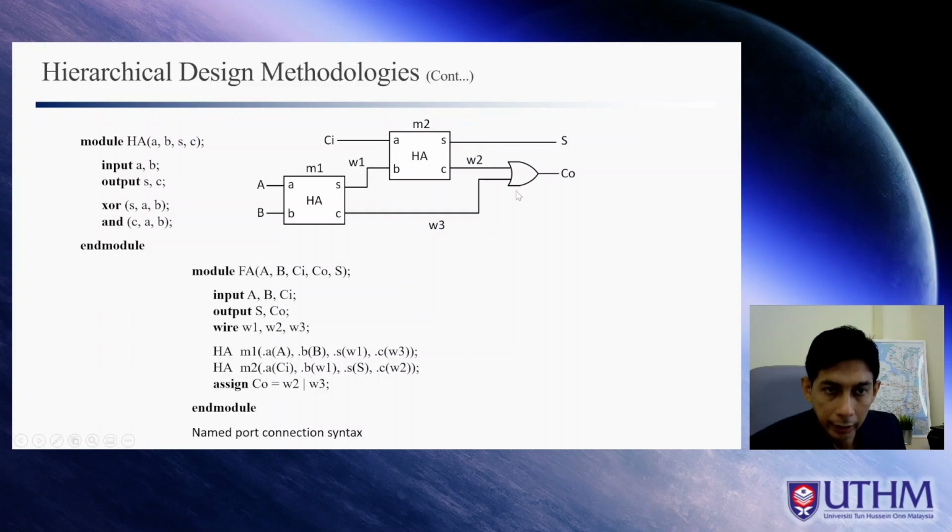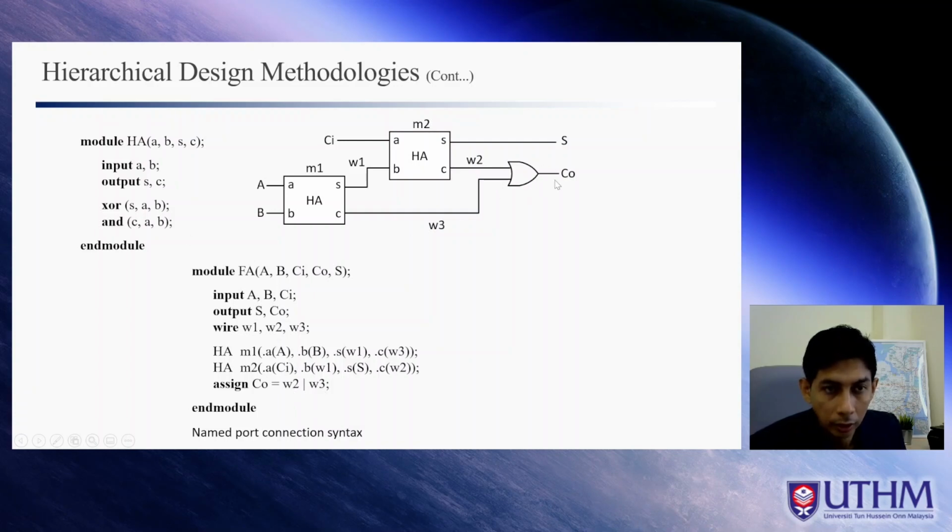And we need to create this. So here you can create using structural modeling, or you can create using data flow modeling, right? So in this case, we use data flow modeling. We use assign CO equal to W2 or W3, all right? Or you can use structural modeling.